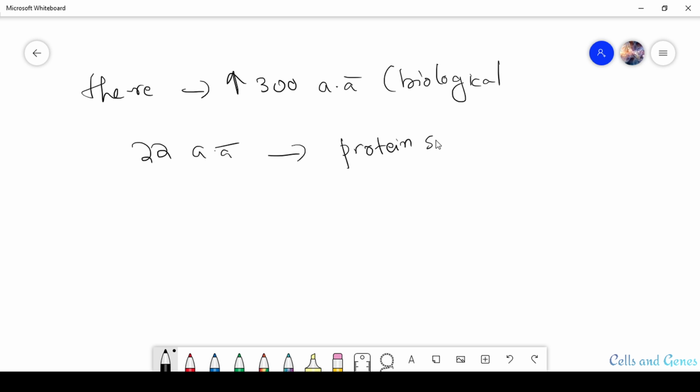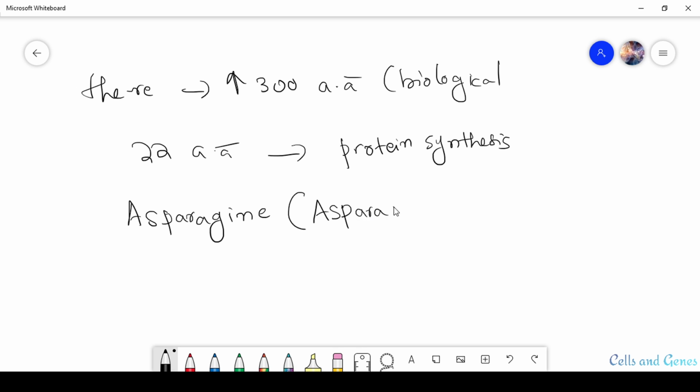The first isolated amino acid is asparagine. Asparagine was first isolated from asparagus.